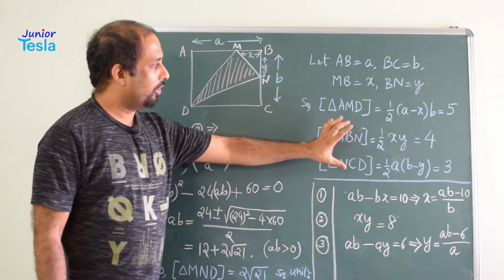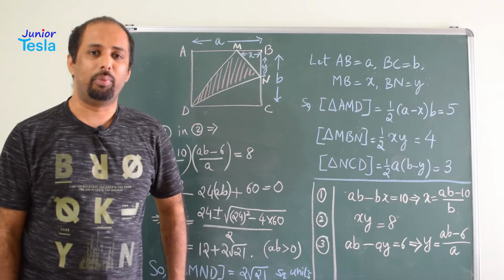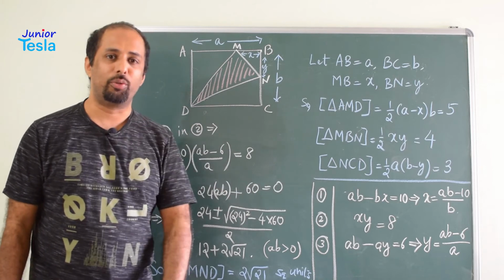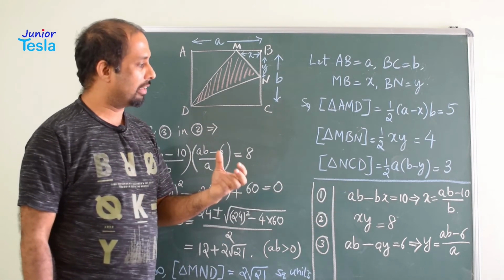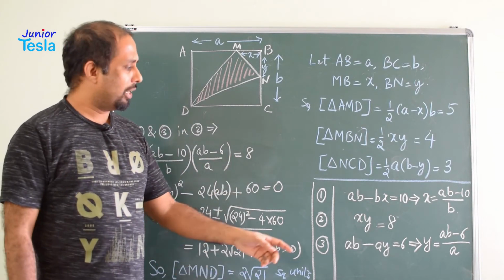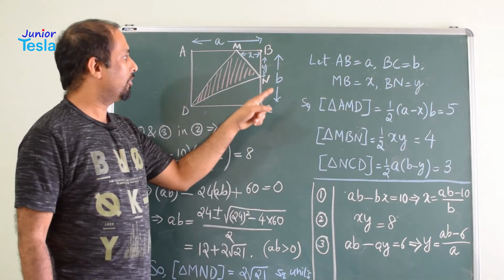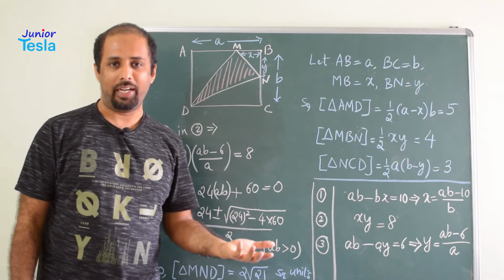Now if you simplify, let us take the first one: half into (a minus x) into b equal to 5. If you simplify it, you will get ab minus bx equal to 10. From this equation you can get one expression for x: x equals (ab minus 10) divided by b. Simple algebra. Similarly, the second expression, half xy equal to 4, that is the area of the second triangle. From this you can directly write xy equal to 8.